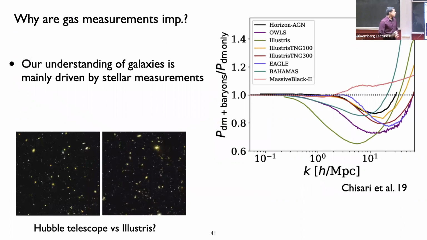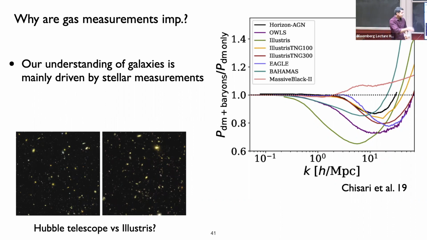So why would these gas measurements be important? If you look at a lot of baryonic simulations done these days, many of them try to fit whatever they get in simulations to observations by stellar measurements, because we have had a lot of galaxy surveys which have probed the universe, and the simulations try to fit properties of galaxies similar to what we have seen in surveys.